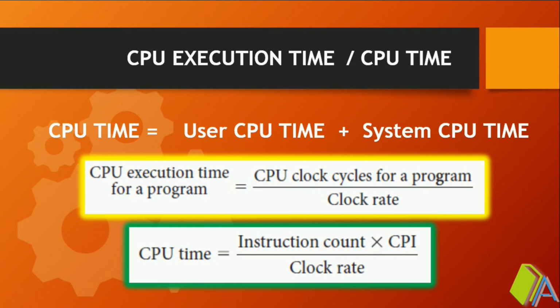One is the general equation, performance equal to 1 by execution time, that is the first equation. Then relative performance was the second equation. The third equation is the equation relating CPU execution time and clock cycles. The fourth equation is the CPU time with respect to instruction count. These four equations are very necessary to calculate the performance of a computer system.